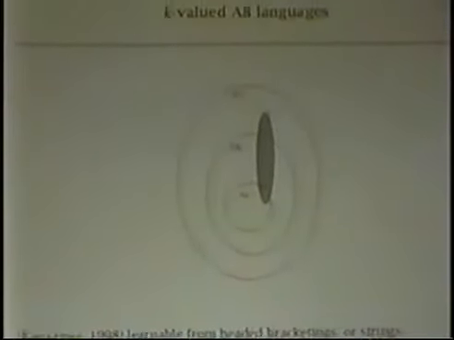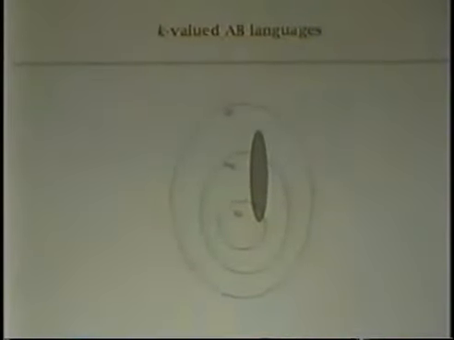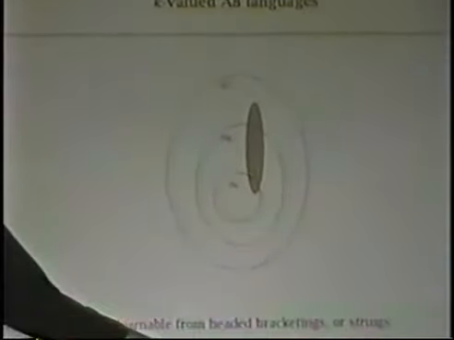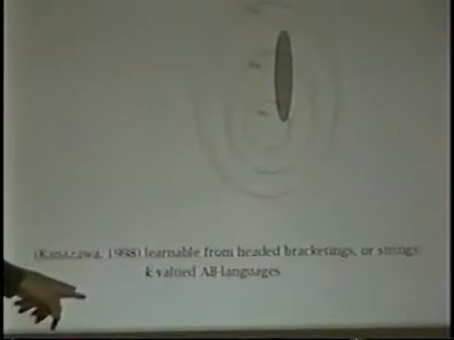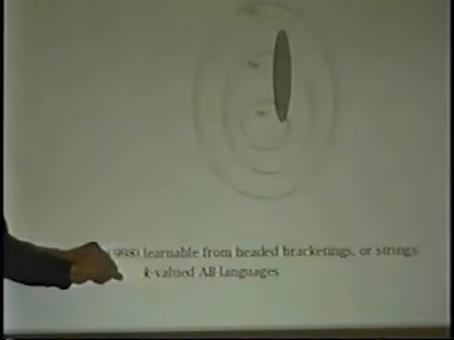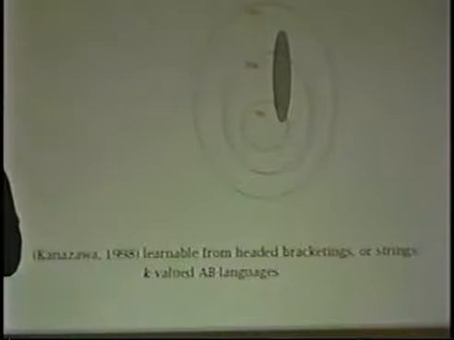He noticed that a very similar kind of strategy could be used to identify the languages of simple categorial grammars if they're k-valued, where this means that each pronounced lexical element has at most k syntactic categories.